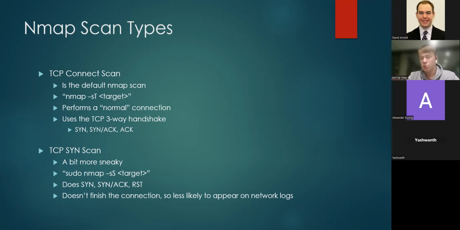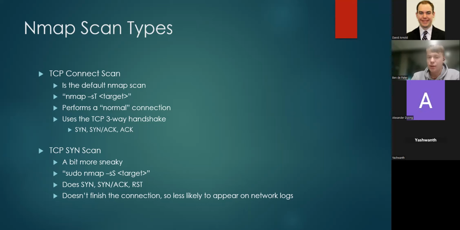Basically how it works is, if I wanted to do a SYN scan on, let's say, computer B, and I'm computer A, the first thing I'm going to do is send a SYN packet to computer B. If computer B responds with an acknowledgement and a synchronization packet, then I'm going to know that that port is online.